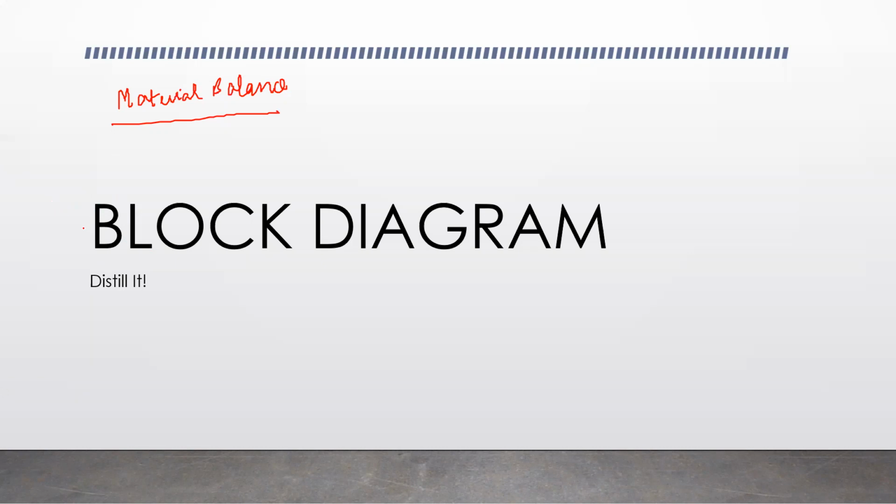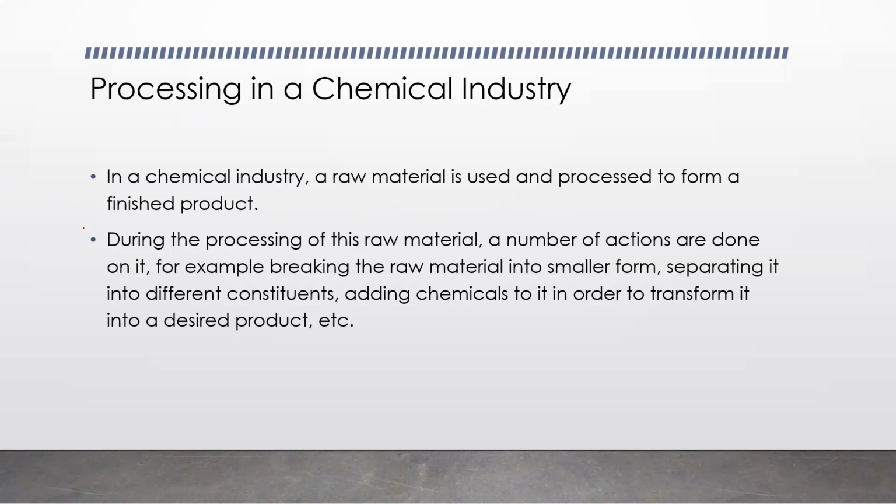The first thing that we are going to study for chemical process calculations is a block diagram. Whenever we have a chemical industry, we have a raw material which is used and then processed to form a finished product. For example, a very common chemical industry is the cement industry.